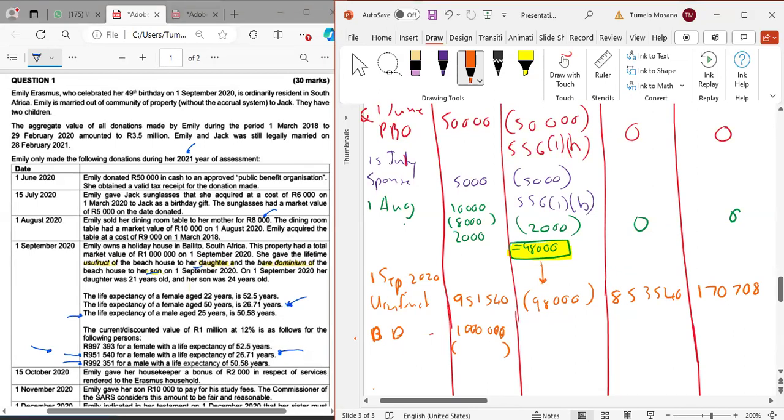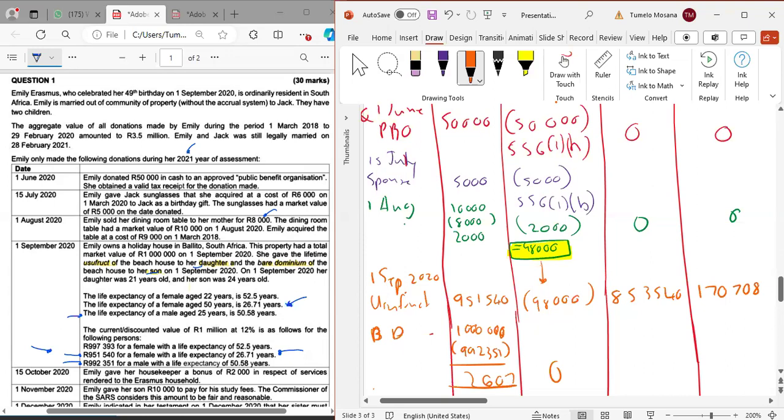We will deduct the 992,351, and this will give us an amount of 7,649. This does not have an exemption, as we have fully utilized our 98,000.